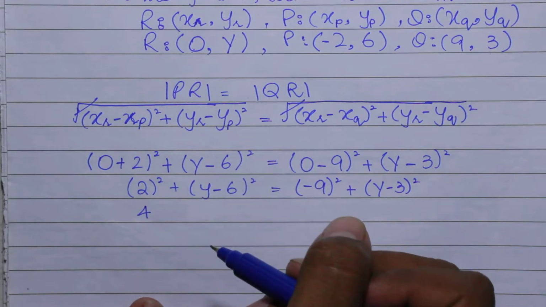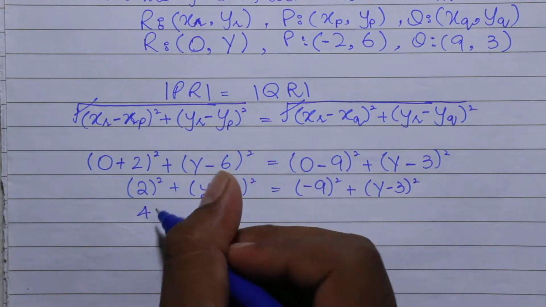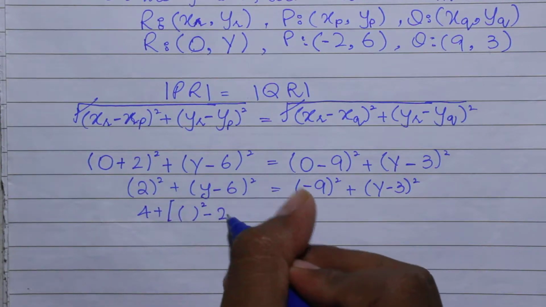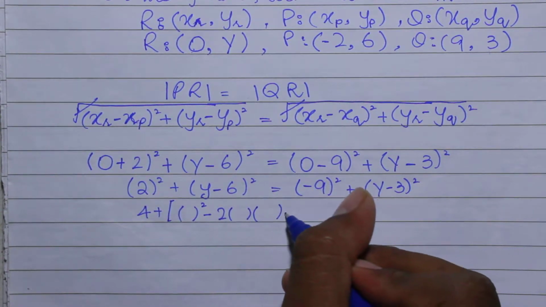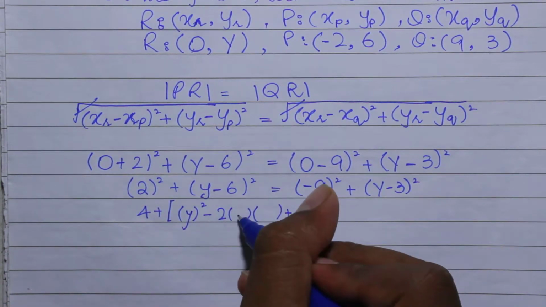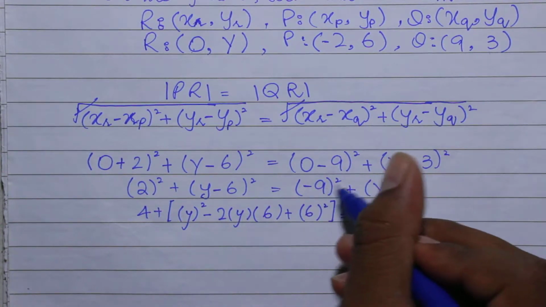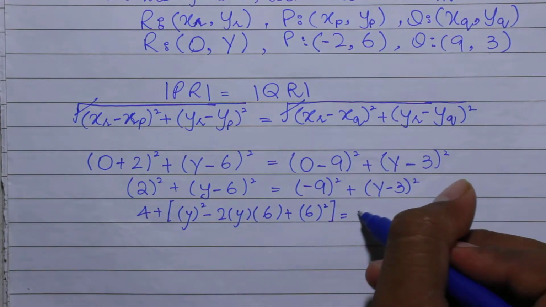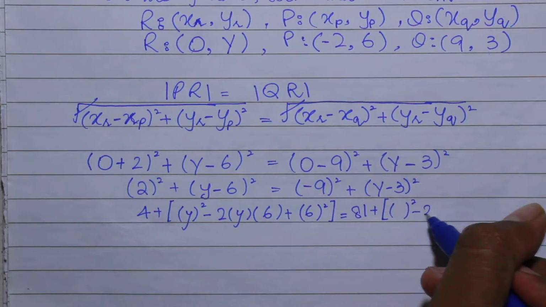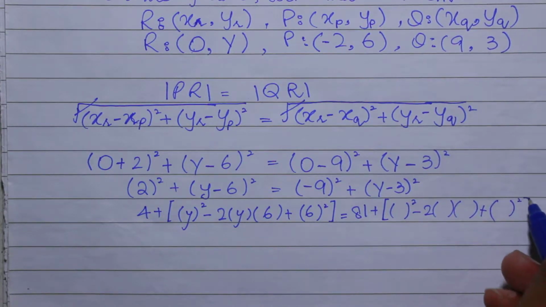Now we have the formula for (y minus 6) squared: (a minus b) squared is a squared minus 2ab plus b squared, with y and 6.